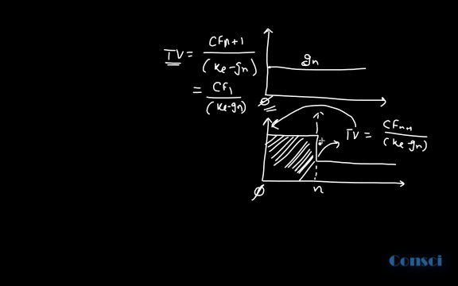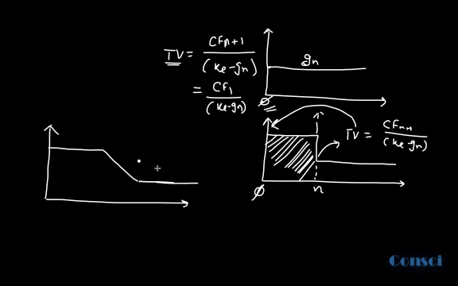Now the drawback of this model is that there is a sudden drop in growth. This sudden drop in growth normally is not seen, and that's why we have a three-stage model. In the three-stage model, we say that the company will first grow at a high growth rate, then it will have a transition phase, and then it will grow at a stable growth rate.